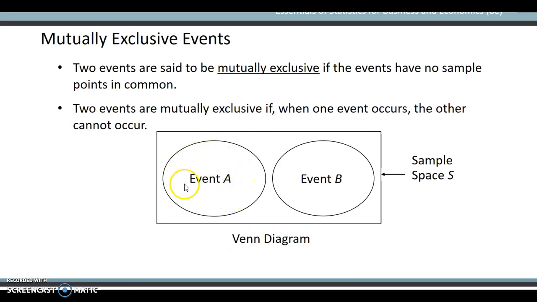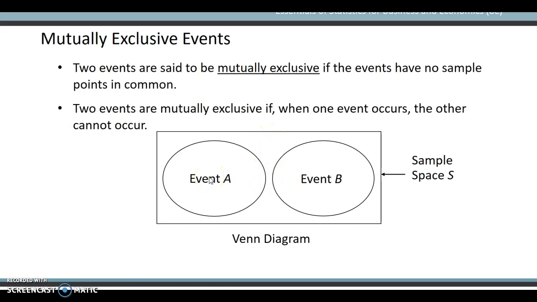Event A might be that you get a black number. Event B might be the probability that you get a red number, but there are some numbers, 00 and 0 on the board, that are green.